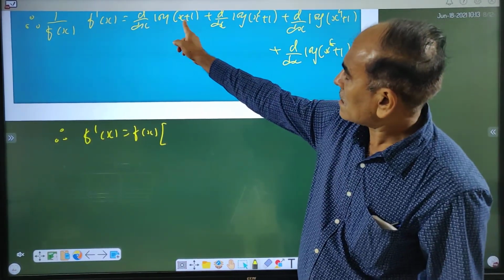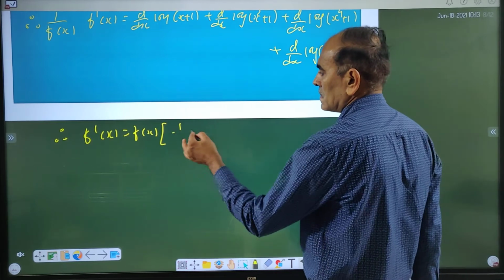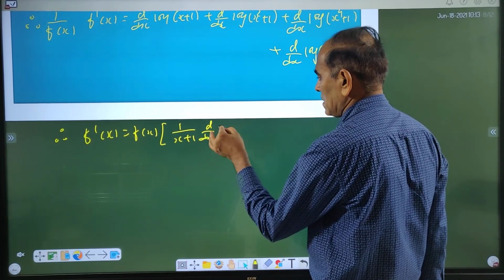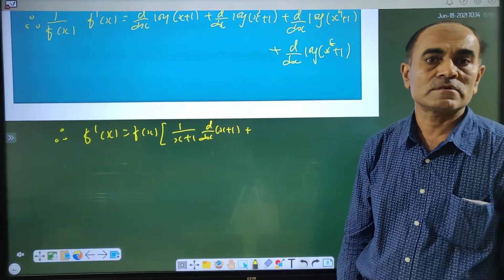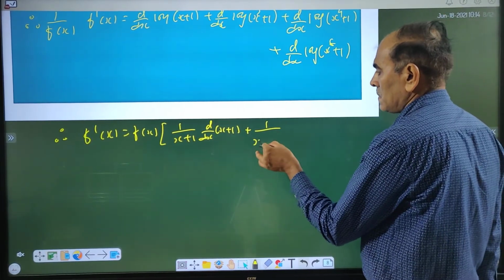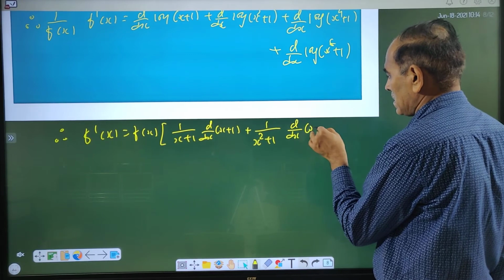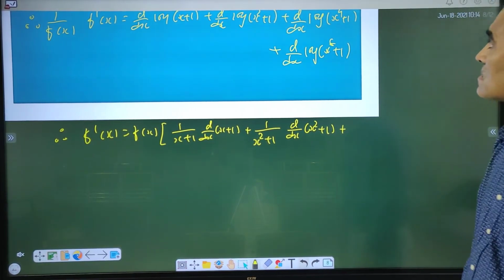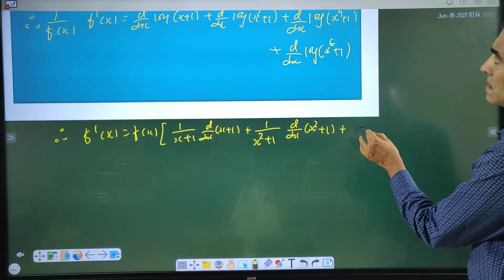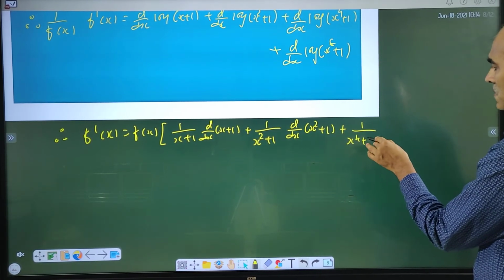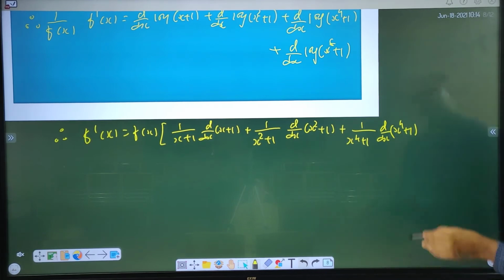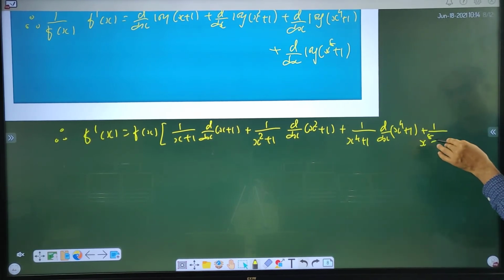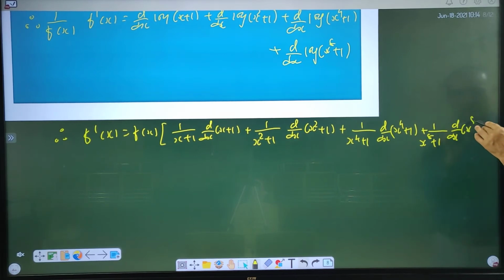Now see, d by dx of log of some form, what we get? 1 over (x plus 1) d by dx of (x plus 1), plus log of (x square plus 1) is given to us, that is equal to 1 by (x square plus 1) d by dx of (x square plus 1), plus 1 by (x raised to 4 plus 1) into d by dx of (x raised to 4 plus 1), plus 1 over (x raised to 8 plus 1) d by dx of (x raised to 8 plus 1).